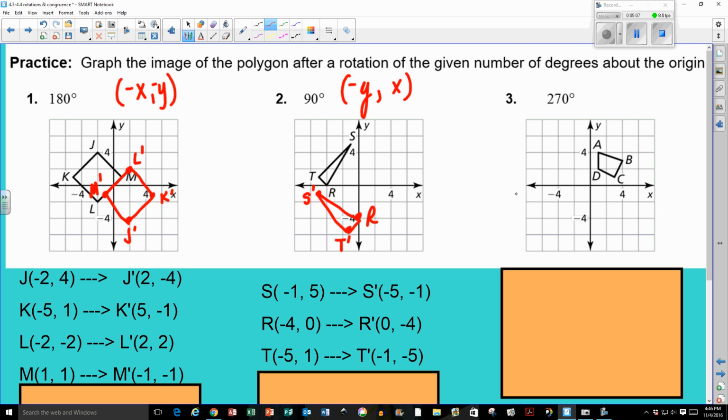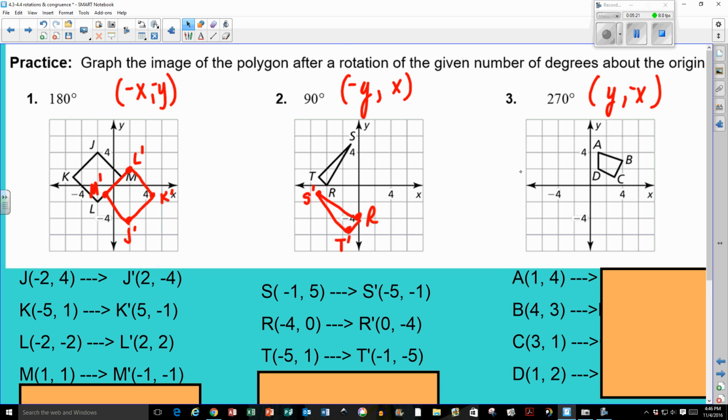And the last one here would be to rotate 270. To rotate 270, they trade places, but this time the x will become negative. So this would be 4, -1. That would be A prime. And that's B prime. They switch places. So 3, -4.